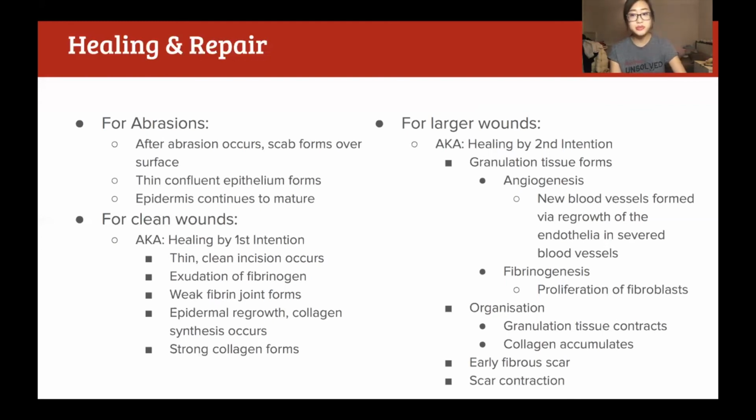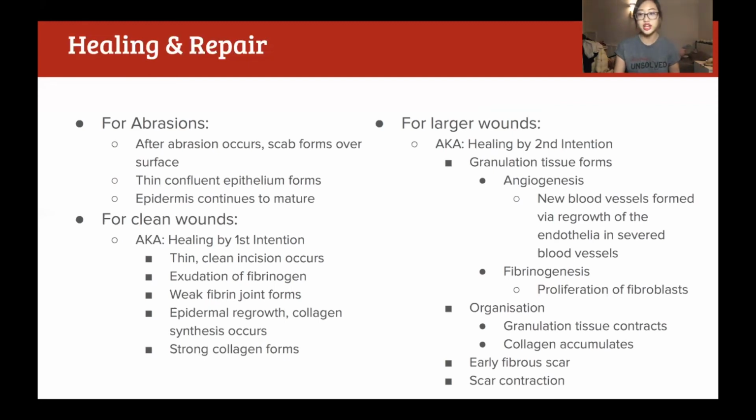Basically what happens is when a thin, clean incision occurs, there is exudation of fibrinogen, which is fibrous tissue that helps to pull the wound edges together. A weak fibrin joint forms, which pulls the wound edges together. Epidermal regrowth occurs, and collagen synthesis occurs, so that collagen is important for strength and elasticity.